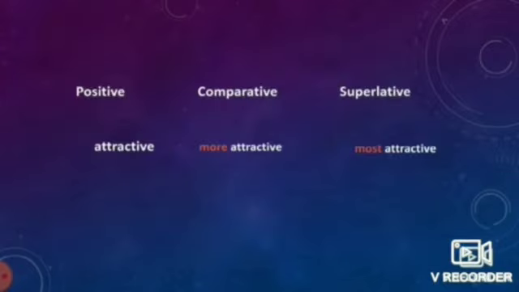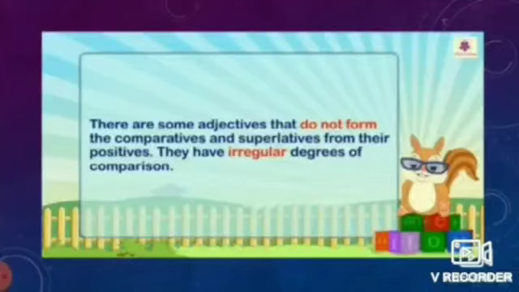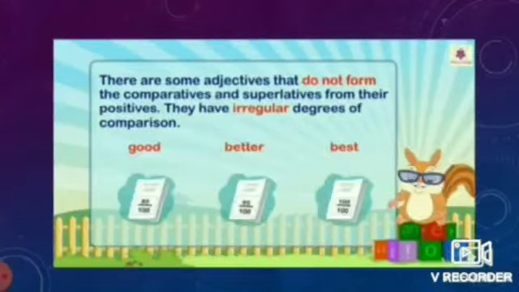Okay, students? There are some adjectives that do not form the comparatives and superlatives from their positives. They have irregular degrees of comparison. For example, good, better, best.